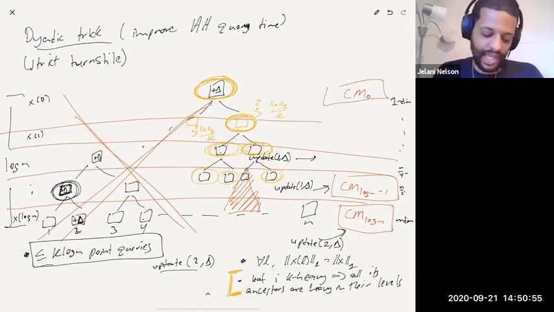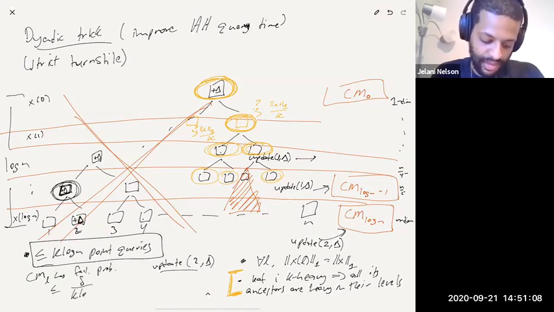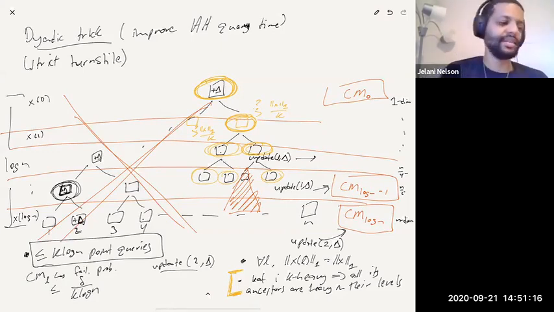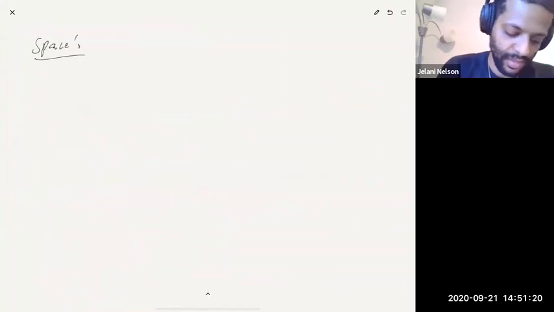Okay. So basically I need to make sure that each Count-Min sketch has failure probability at most, let's say, delta over K log n. That way I can union bound and basically say that everything is succeeding. So you can do this kind of argument to get something like your space will be O of, okay, there are log n levels.